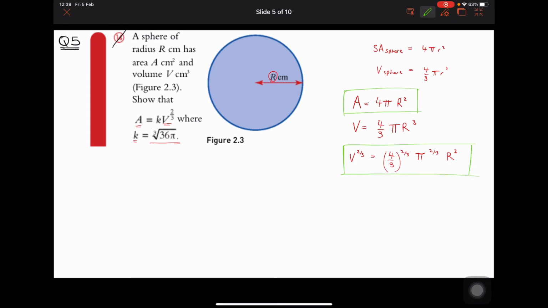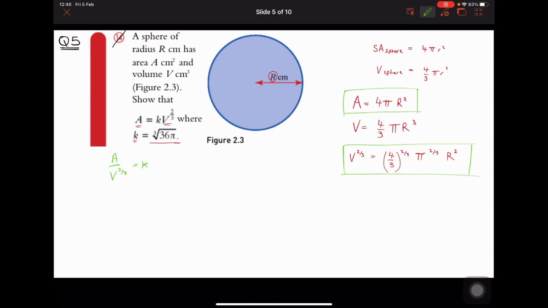And that's because I know A divided by V to the power of 2 over 3 equals K. So now I'm going to do A divided by V to the power of 2 over 3. So we have, where should I write it?